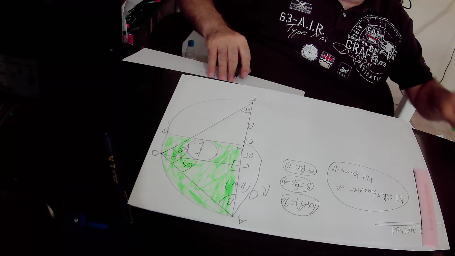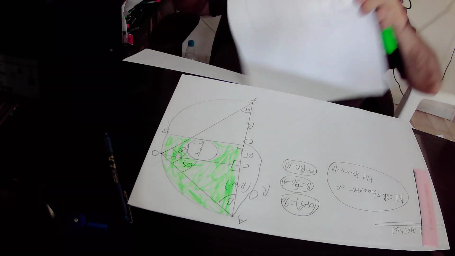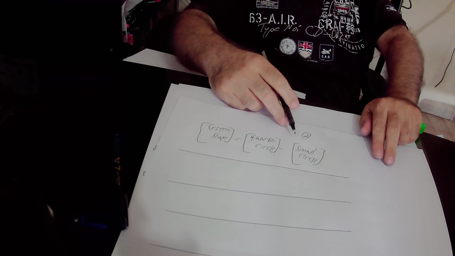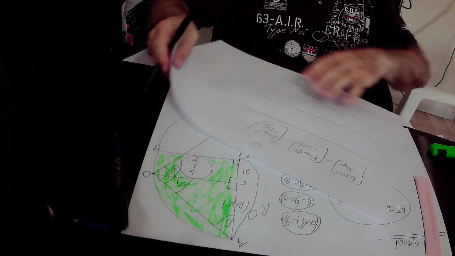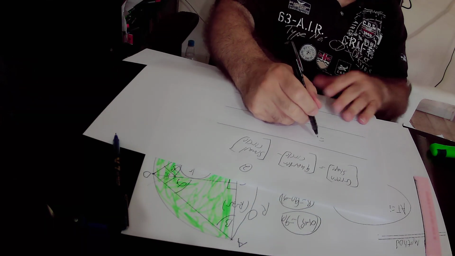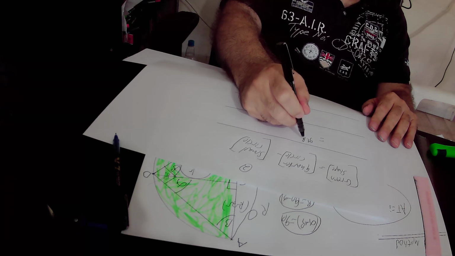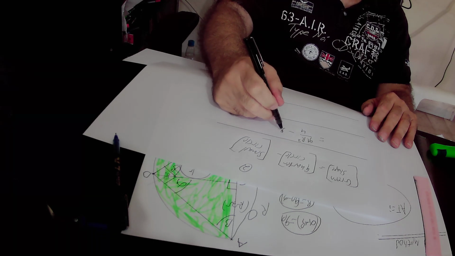I repeat again, the area of the grain shape equals to the area of the quarter circle minus the area of the small circle. We have already found out that the area of the quarter circle equals to pi times capital R squared over 4, and the area of the small circle equals to pi R squared.